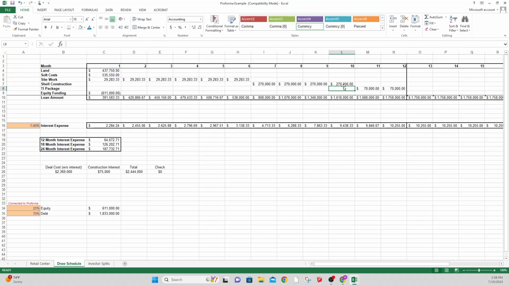Once you get certificate of completion on your side of the shell, it then goes over to your tenants, and if they handle their side of the construction, you just capture what month that goes into.